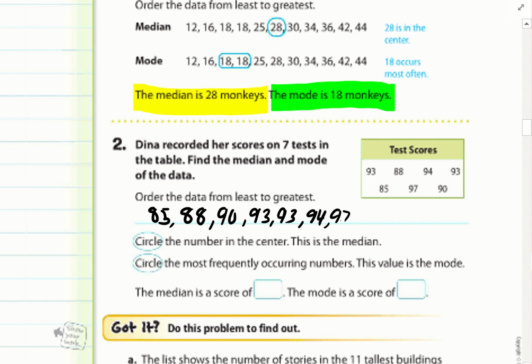So it should be 7 numbers. 1, 2, 3, 4, 5, 6, 7. The number that's going to be in the middle, my fourth number, is going to be 93, and that is my median. Now, the number that appears the most is also 93. So I'm going to circle that in green. So my median and my mode are both 93.